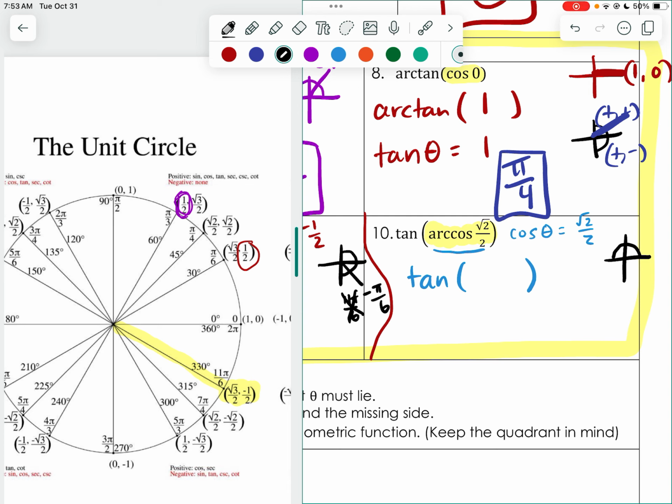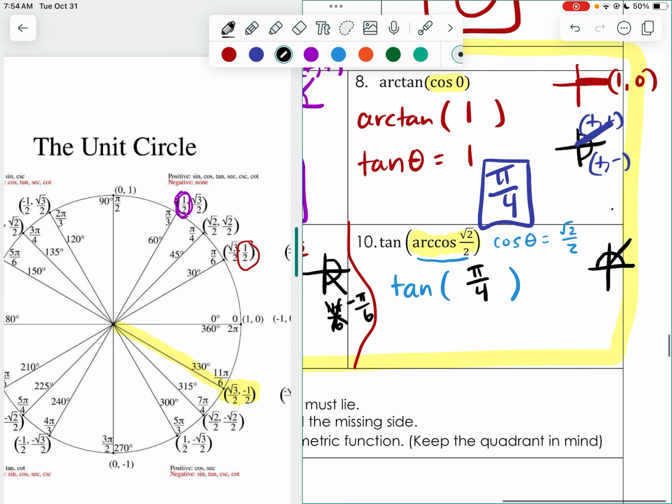So it's where the x value is positive. So that would have to be in the first quadrant. So what angle in the first quadrant has an x value of root 2 over 2? That would be pi over 4. Right? So now you want the tangent of pi over 4. Well, if that's root 2 over 2, root 2 over 2, do y divided by x, that's just going to be 1.